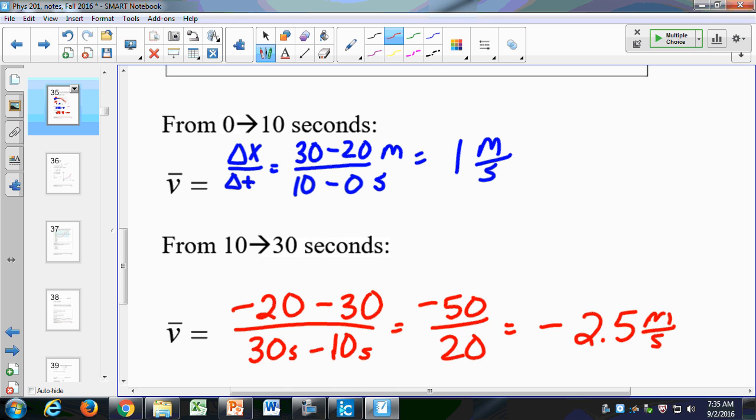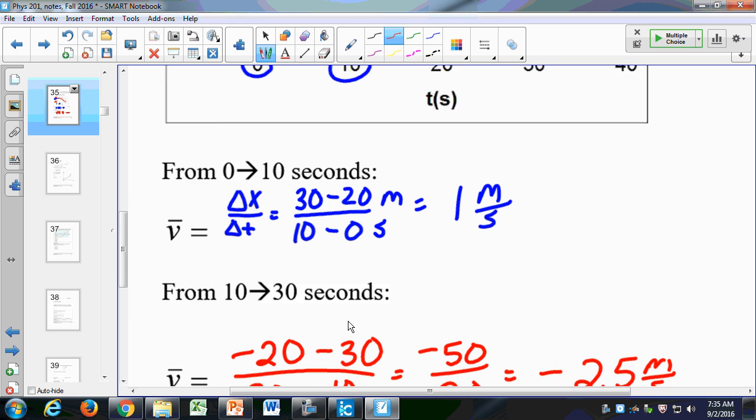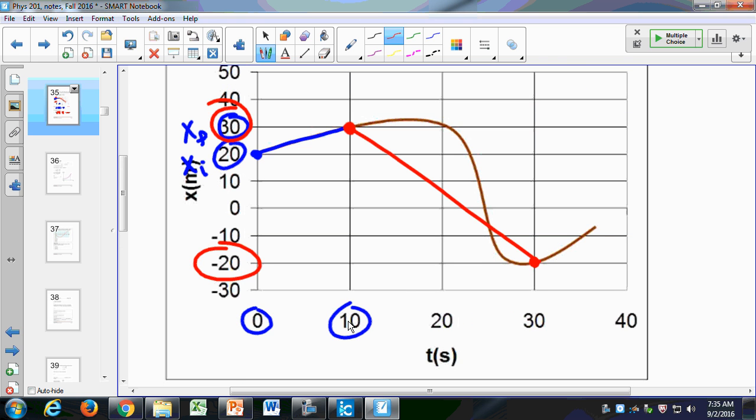Now, I just did that by pulling the data off the graph for the particular points, but that's also going to be the slope of this line, which equals minus 2.5. And you can probably see that, we were finding the slope, right? Y final minus Y initial over X final minus X initial, rise over run. It comes out negative because velocity is what type of quantity? Is it a scalar or a vector quantity?